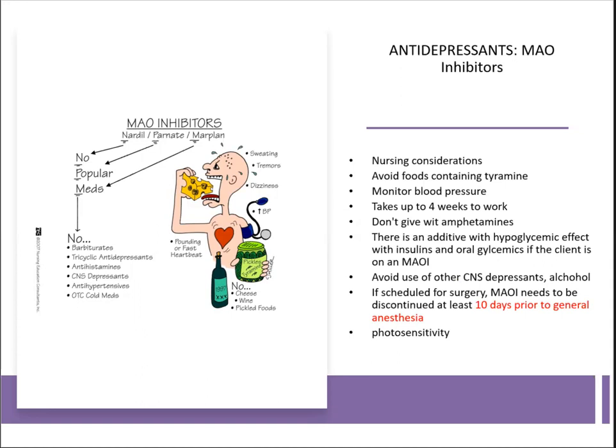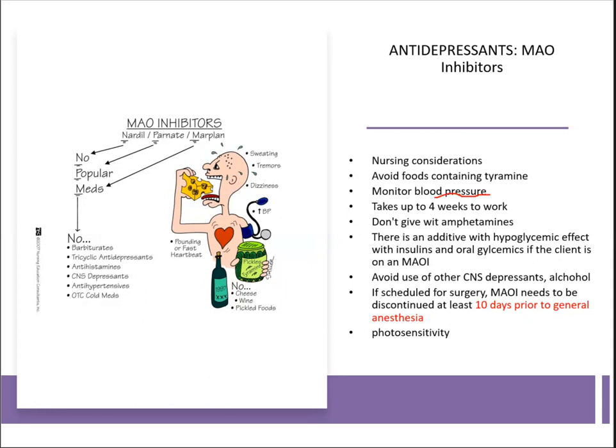You also want to monitor the client's blood pressure because of this possible hypertensive crisis. And again, you want to educate the client that it could take up to 4 weeks to start seeing effects of this medication. Don't give these medications with amphetamines or methyldopa or levodopa.